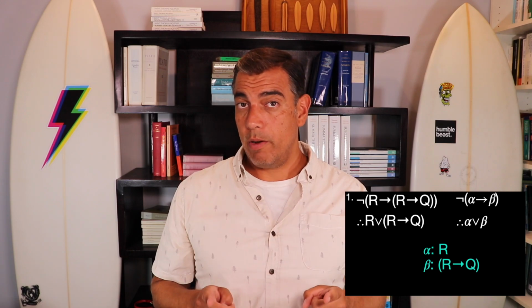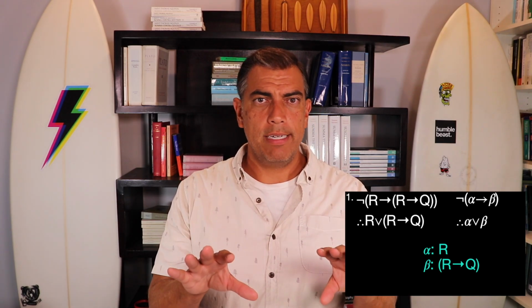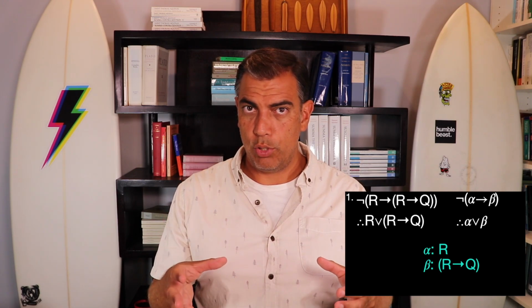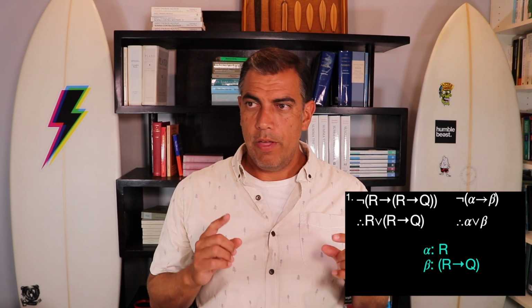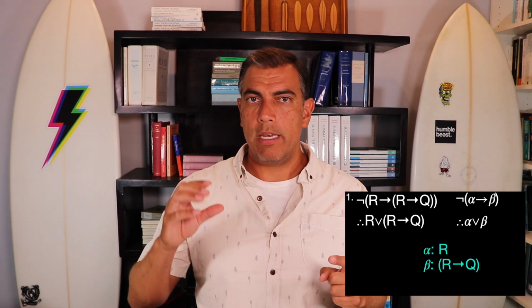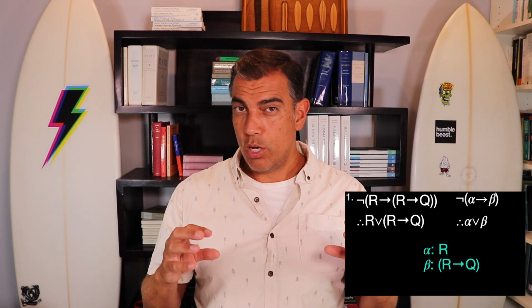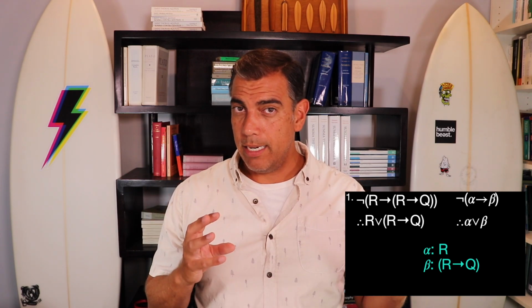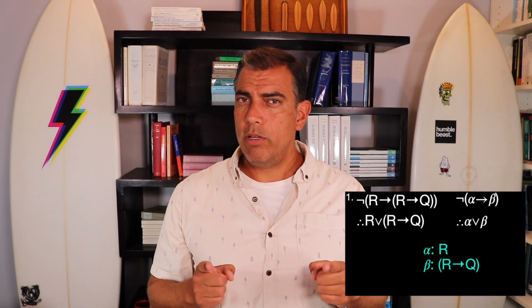Now this argument form is interesting because remember that when you have a negation of a conditional, like if A, then B, or in this case, if alpha, then beta, then that only happens when the antecedent is true and the consequent is false. So if it's not the case that if alpha, then beta, that means that alpha is true and beta is false. And now look at that conclusion there.